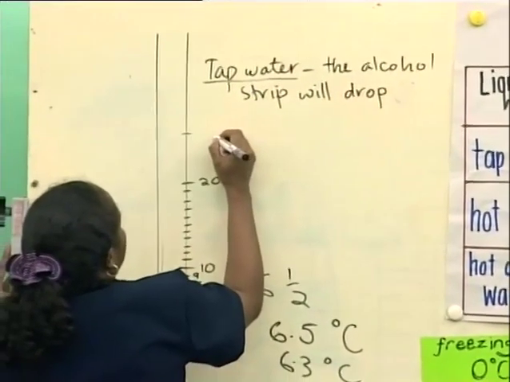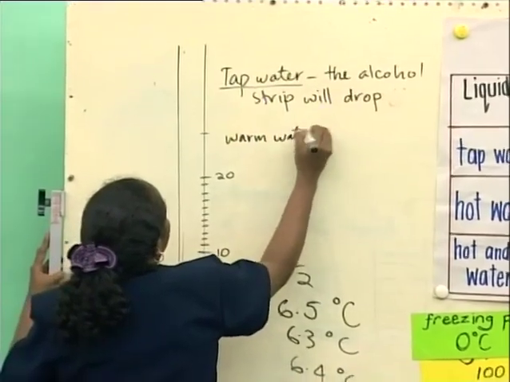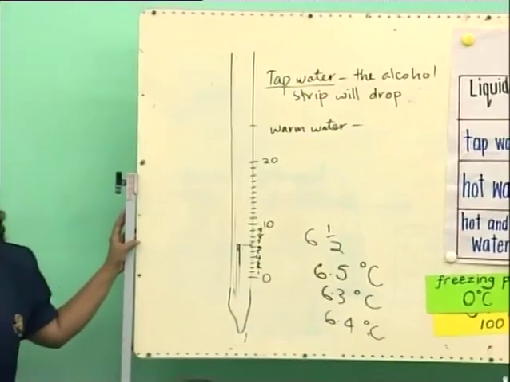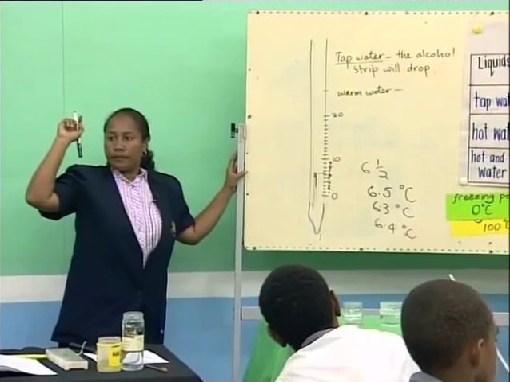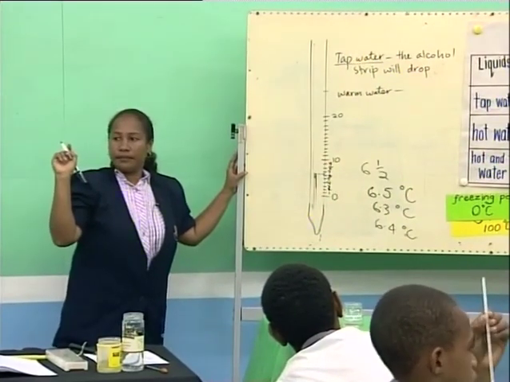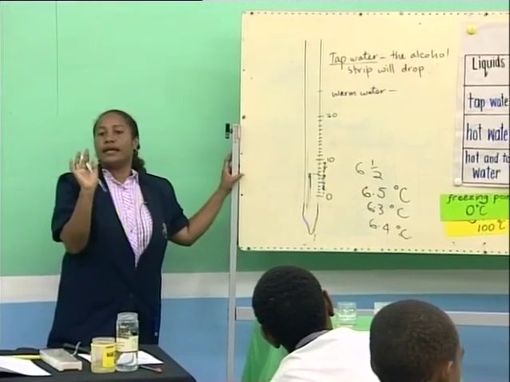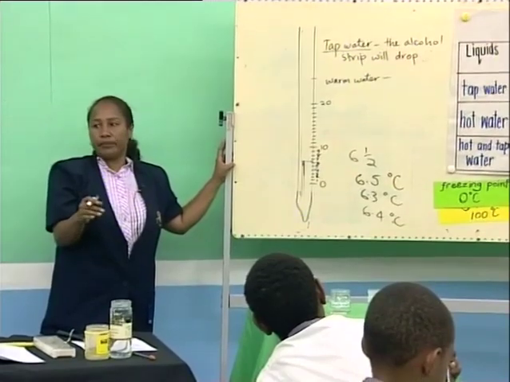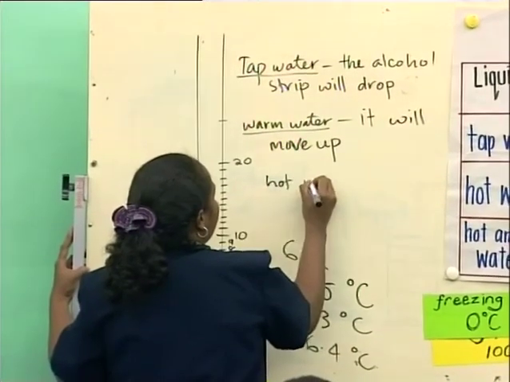Okay. What about warm water? Somebody? What will happen to the alcohol strip? Warm water, somebody? Isaac? Just guess. You are now predicting what will happen. And then you will actually carry out the experiment to confirm your predictions. It will move up. Okay, good. Hot water.